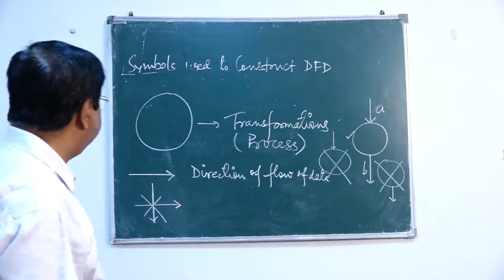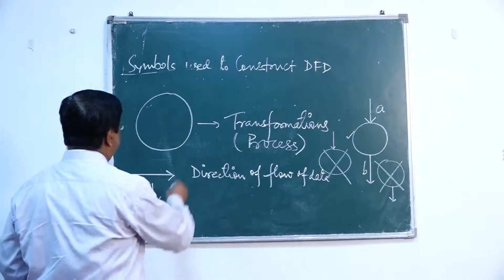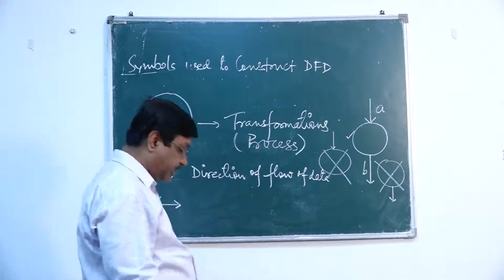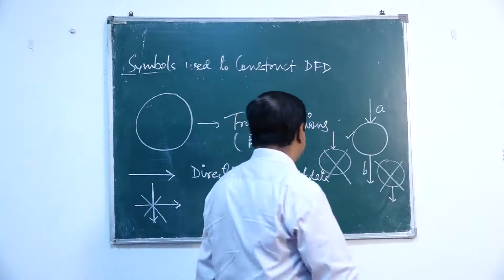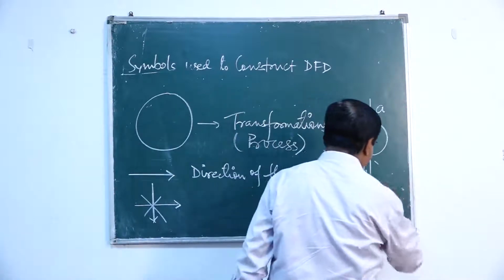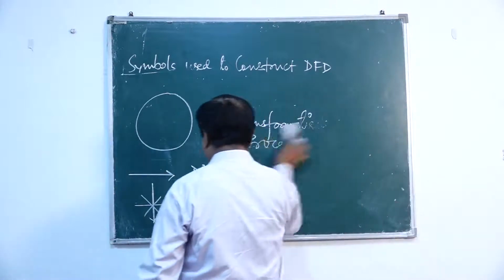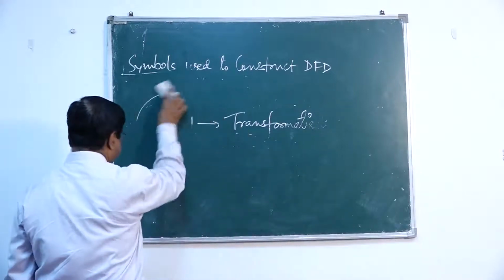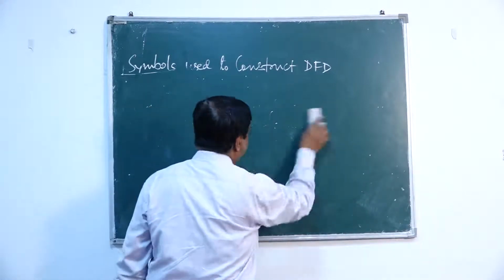Another rule is, every process bubble must also be labeled and numbered. We cannot leave processes unlabeled. It means what process is taking place we can't show.